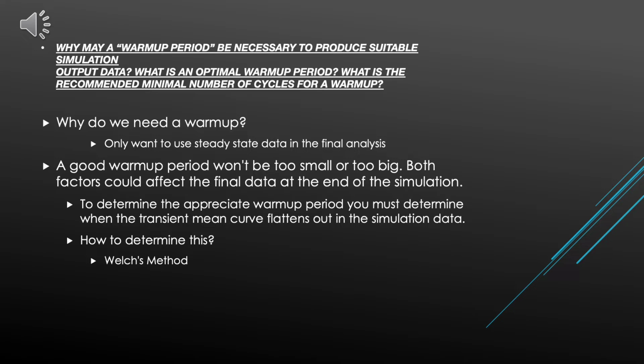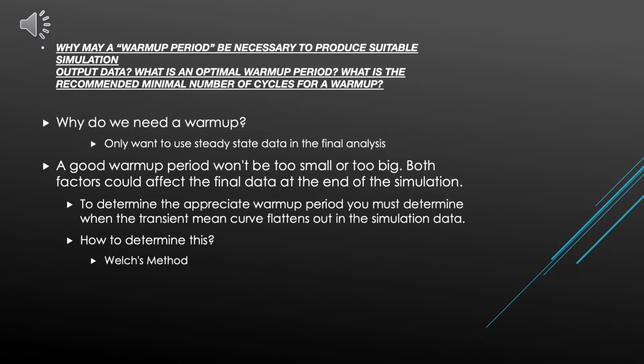So once that transient mean curve flattens out, we can then determine the initial transient, or the behavior in those beginning stages when we were trying to get this data in the simulation, and then we can end up deleting that data so it doesn't interfere with the data we need. So then that warm-up data doesn't mix in with the steady state data.